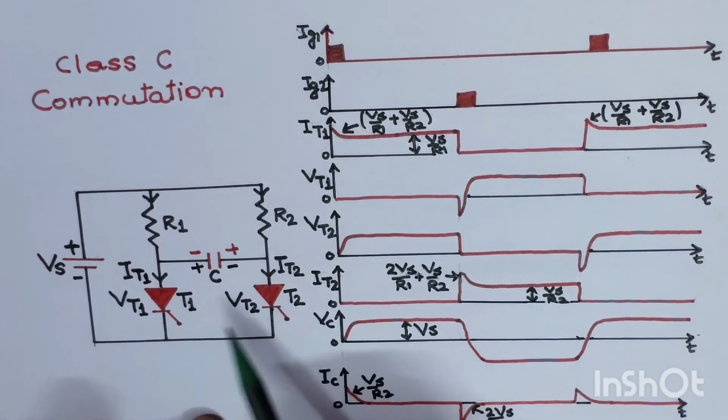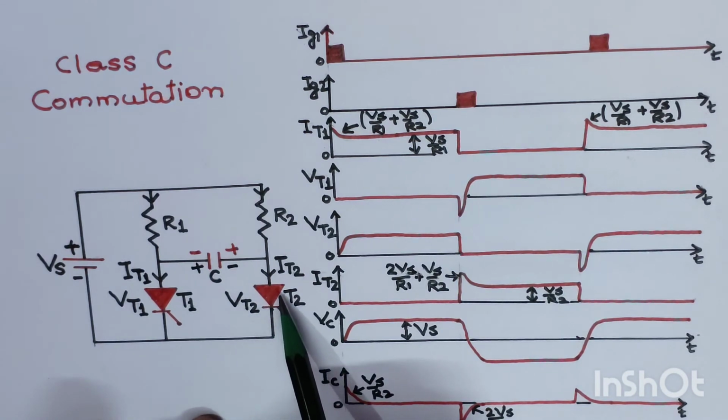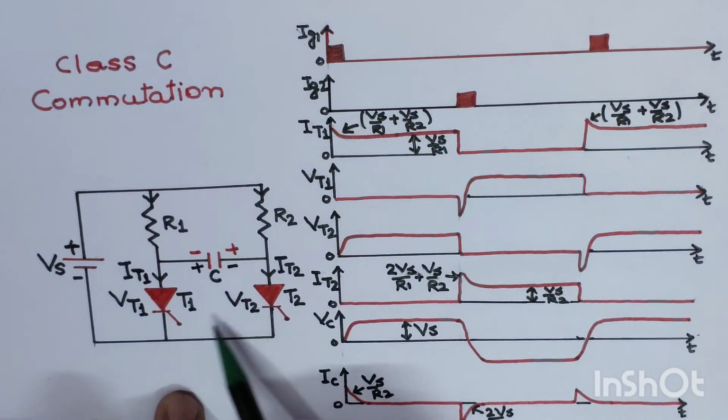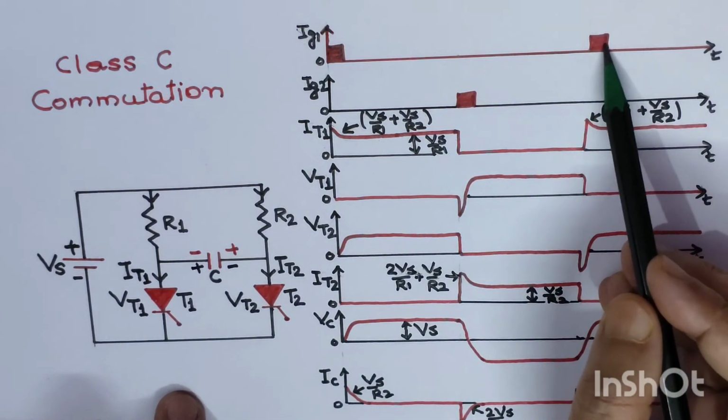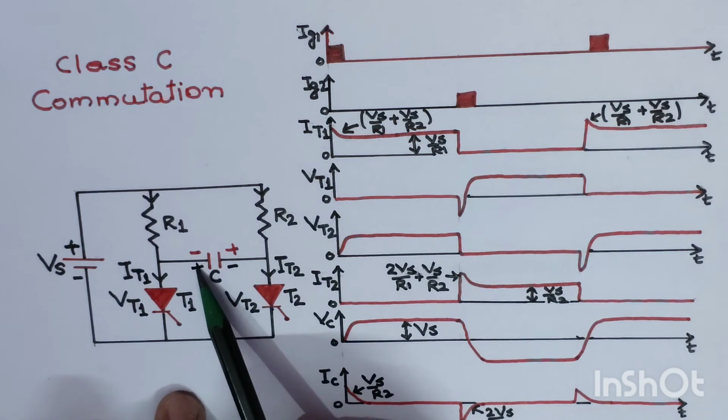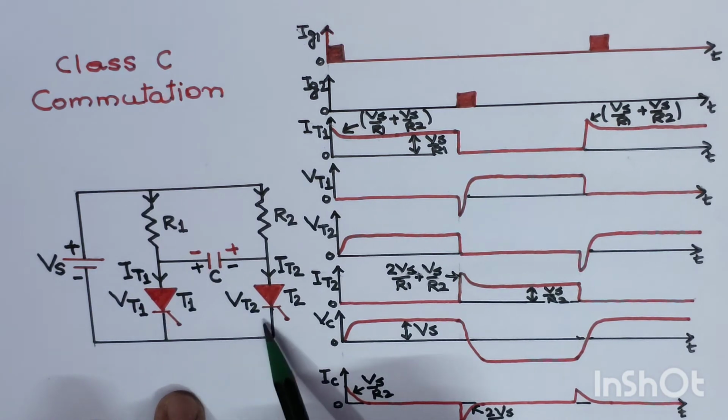Now, once we have seen that thyristor T2 is conducting, I want to give the trigger pulse to thyristor T1. We will give the trigger pulse to thyristor T1 as shown here. So what will happen? This positive will appear across thyristor T2, and thyristor T2 will be switched off.